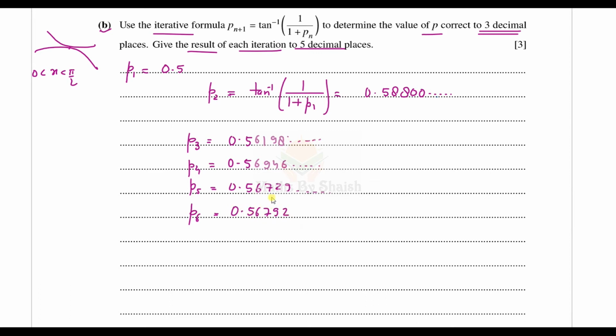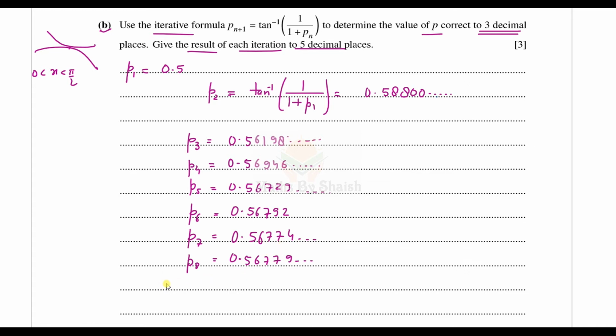We can see it is the same till 3 decimal places, but still we will not write it because the fourth decimal place is different. So let's take P7 by pressing the equal to button, and we'll get 0.56774 and so on. One more iteration we'll check, and that is coming 0.56779 and so on. Now we can see it is correct till 4 decimal places.